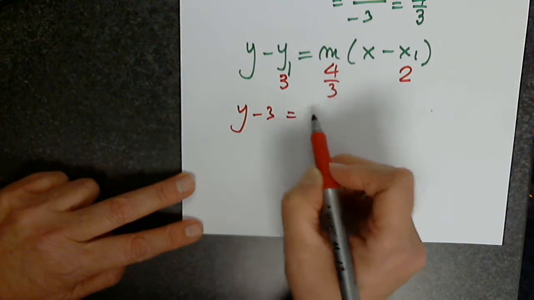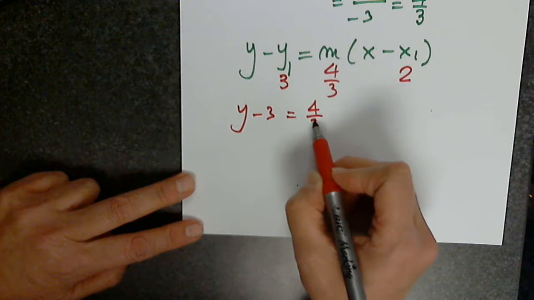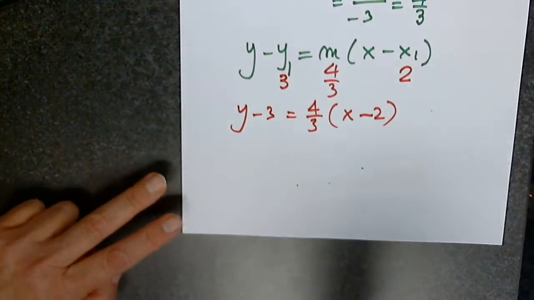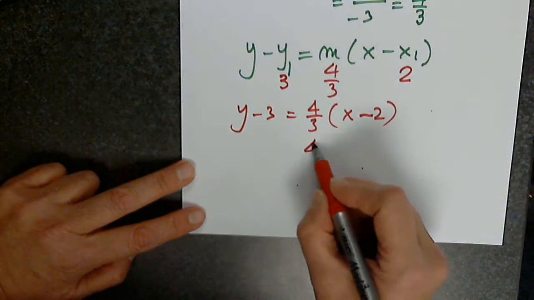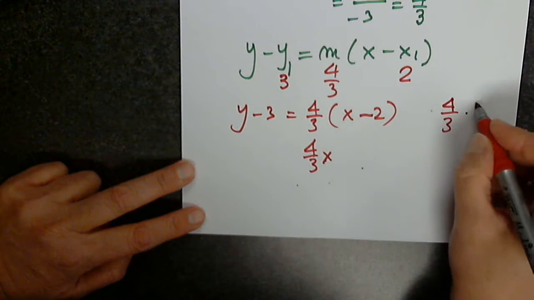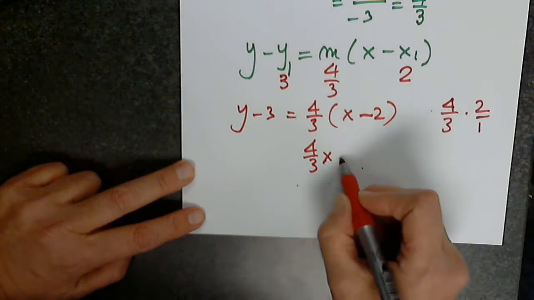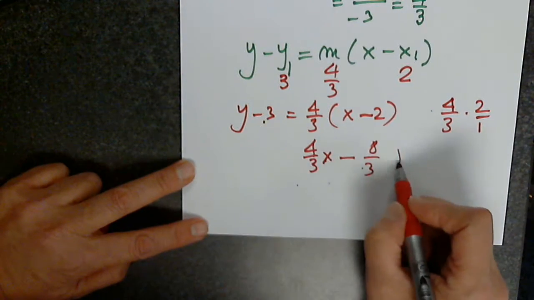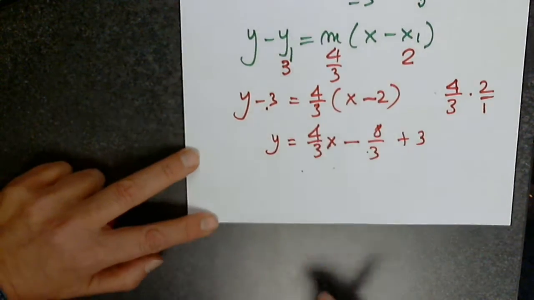Y minus 3 is good. Good. Now I have to distribute 4/3 to x, and I get 4/3 x. But then I have to distribute 4/3 to 2/1. What do I get? Very good. And then I have to add 3, bringing it from the other side.